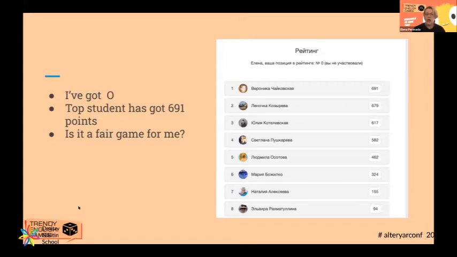Okay, what is the most common aim of getting a point? Can you write any of your ideas in the chat? If you give points to your students, can you write in the chat what your students get in the end? So why do they need these points?